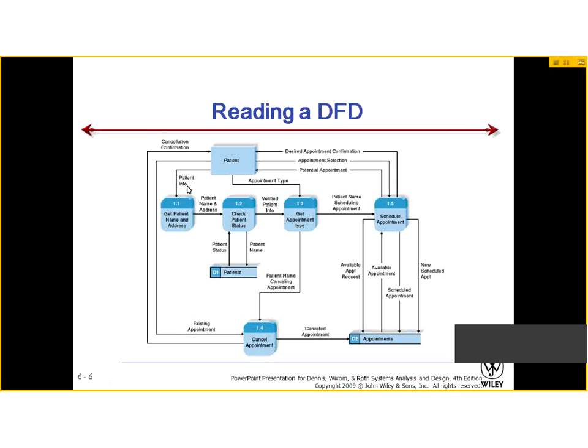You can see here that all the arrows are labeled. The labels on the arrows show what type of data is flowing, and the direction of the arrow shows from where and to where data is being transferred.